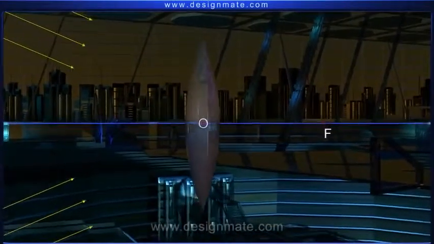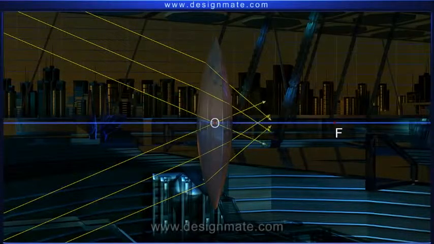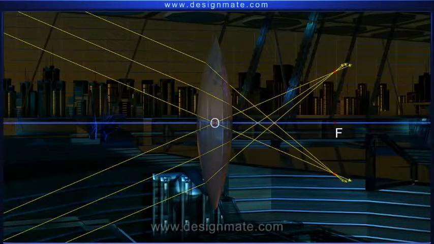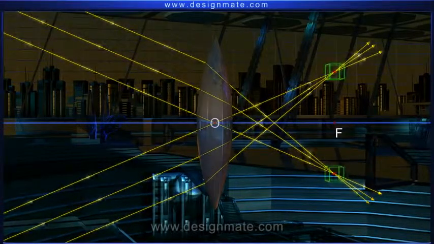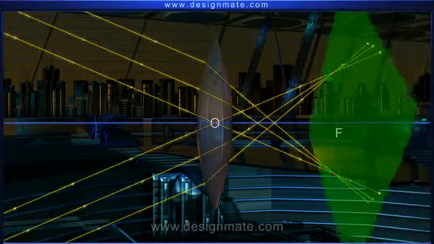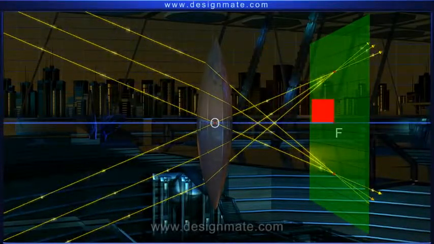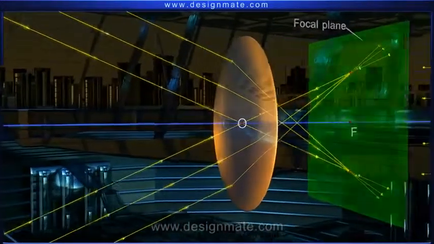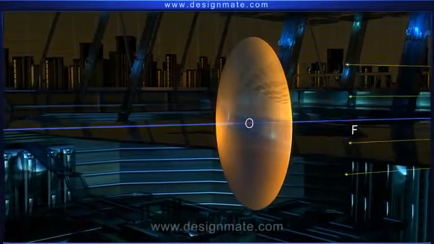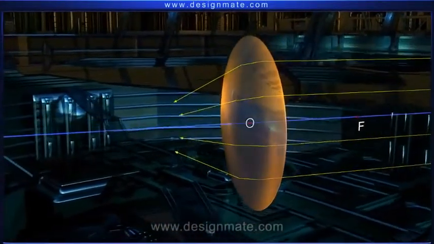Let us see what happens if the parallel beams incident on the lens are inclined to the principal axis. After refraction through the convex lens, they converge to certain points in a plane containing the focal point. The plane passing through all such points, perpendicular to the principal axis, is called the focal plane of the lens. What if light rays parallel to the principal axis are incident on this lens from the other side?